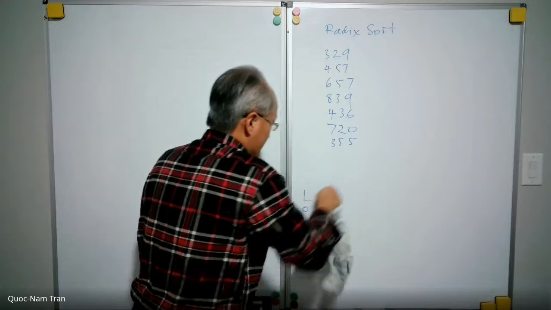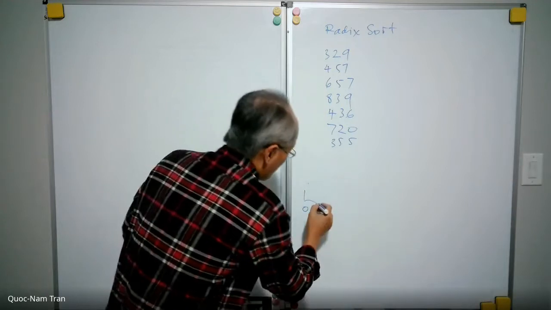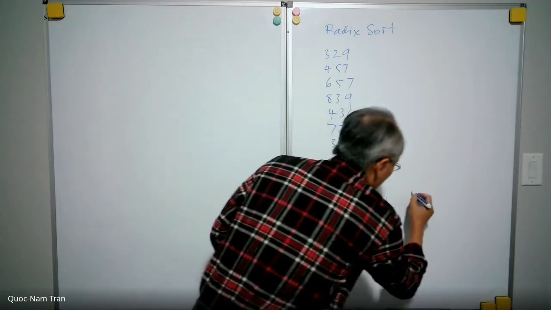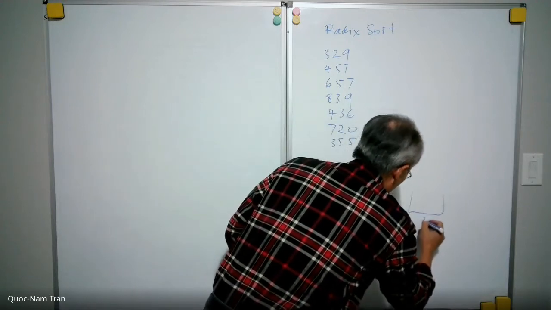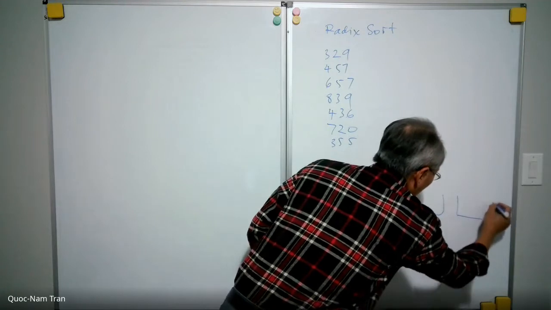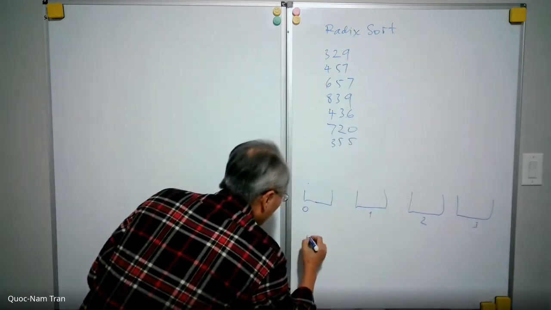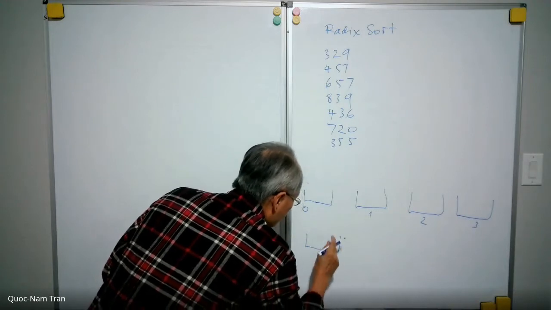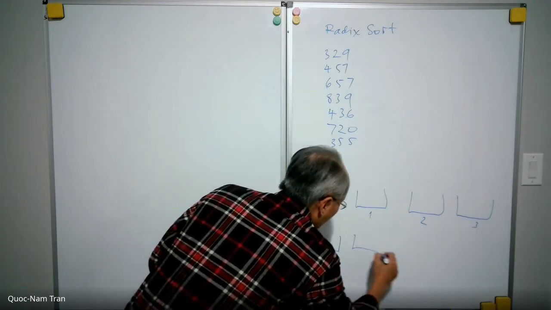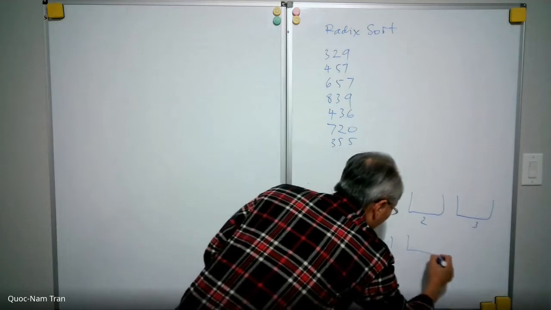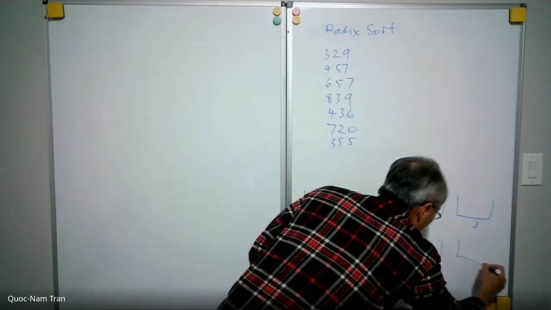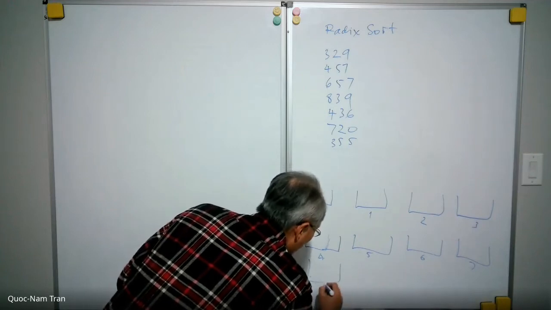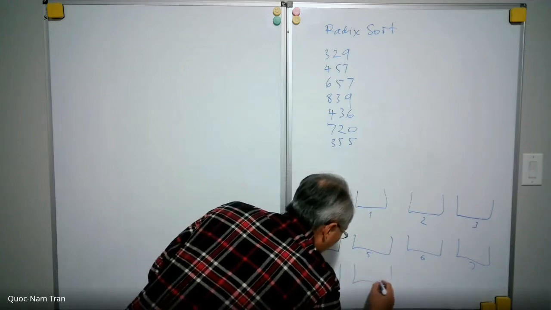Because we have 3 digits here, we have a bucket for 0, a bucket for 1, 2, 3, 4, 5, 6, 7, 8, and 9.